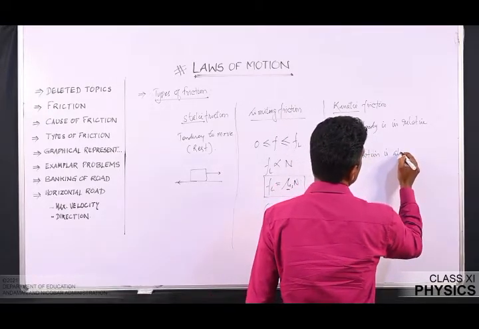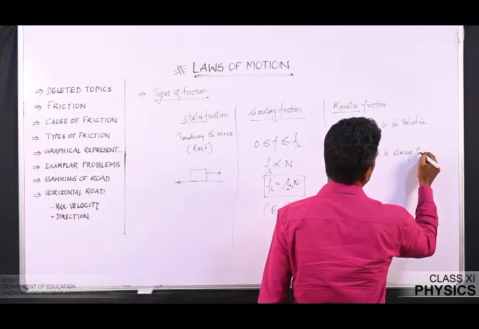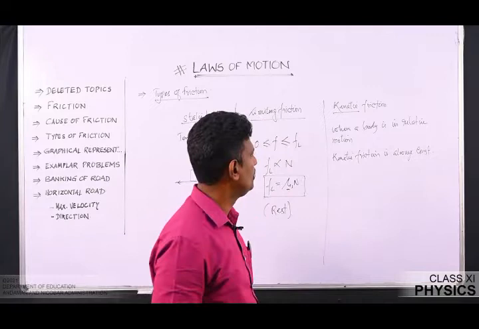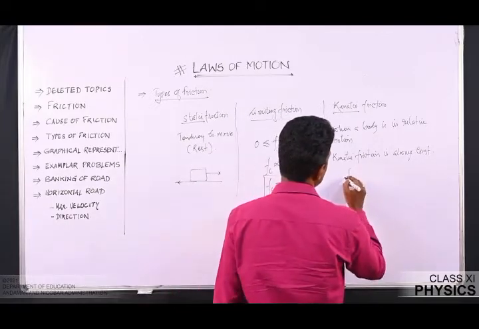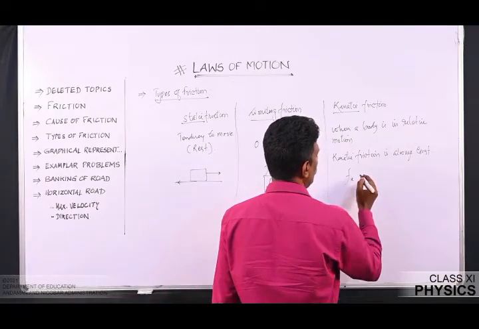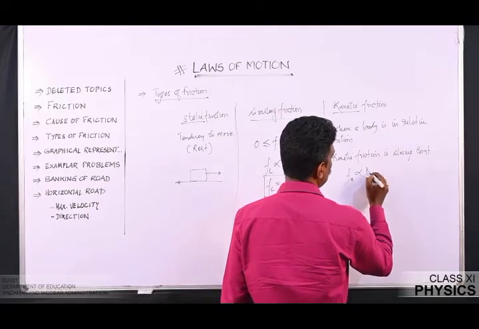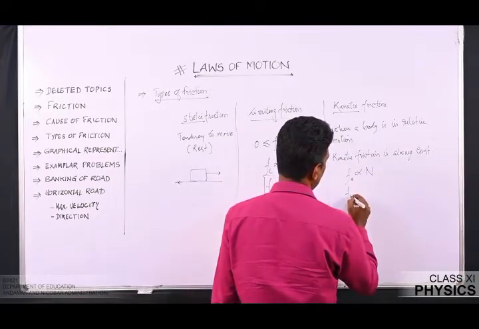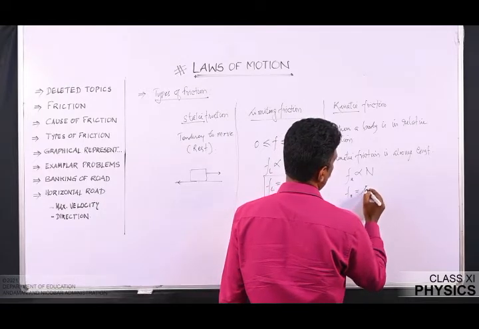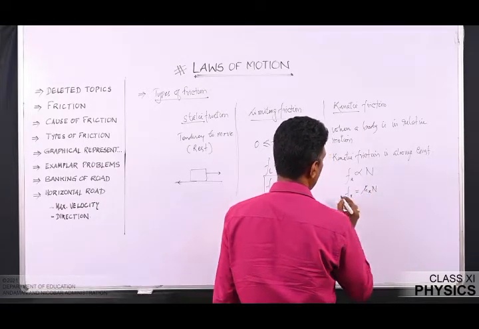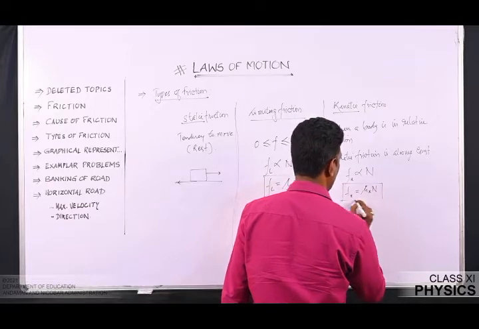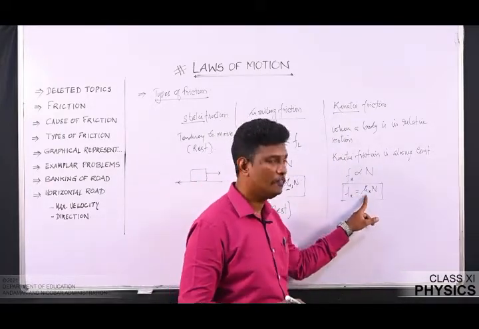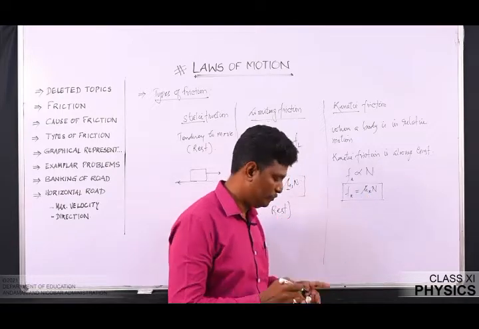Kinetic friction is denoted by Fk, and it is directly proportional to the normal reaction. It can be given as Fk is equal to mu k N, where mu k is the coefficient of kinetic friction.